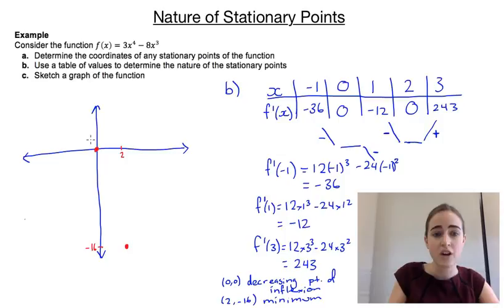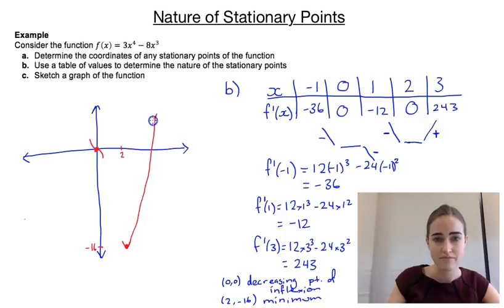We know that this one is a decreasing point of inflection, so it's going to look like this. And we know that this one is a minimum. So we're going to join those together to sketch our graph. So that one's going to come up here. This one's going to curve down and around. And this one's going to come up this direction. So that is our function f of x.